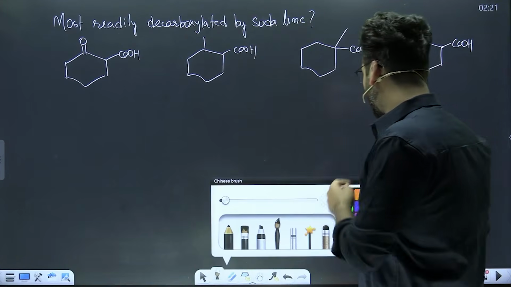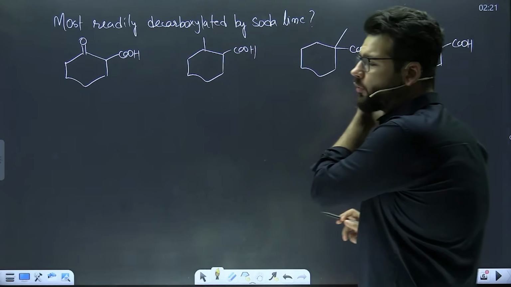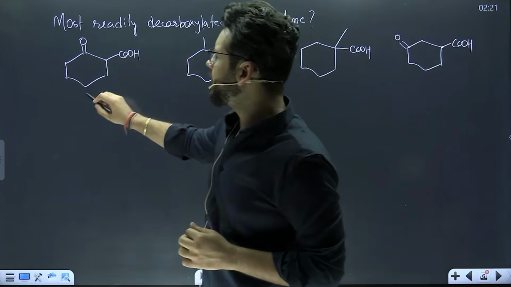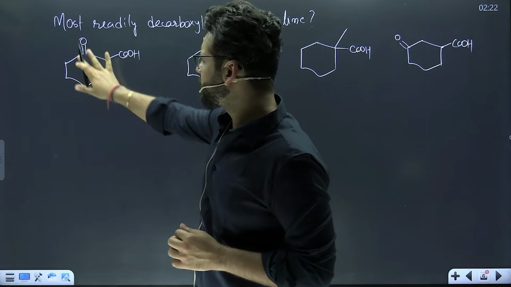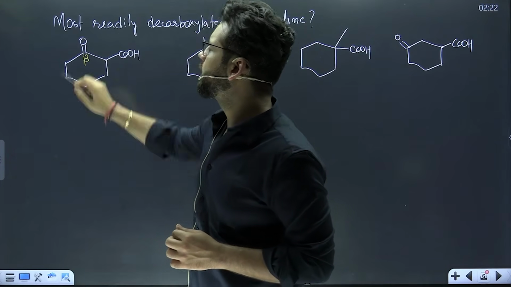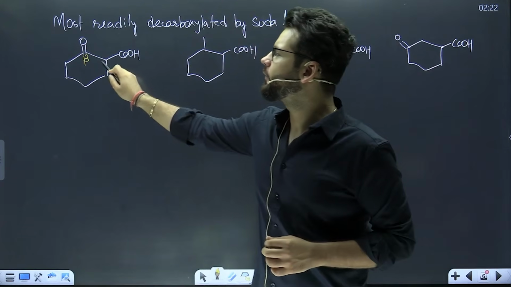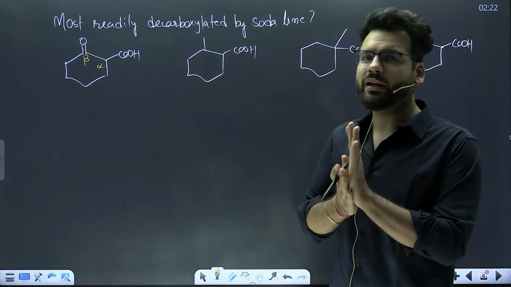It means they are asking from where the CO2 can easily get removed. Where can the COOH group be easily removed? It's a carbanion mechanism, as I told you. Such compounds are called beta keto acids, because this is the alpha carbon to the carboxylic acid, and the beta is a ketone.